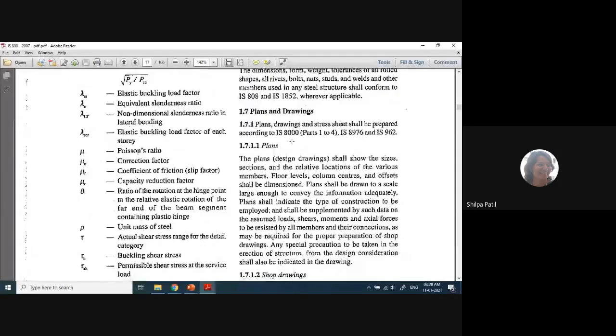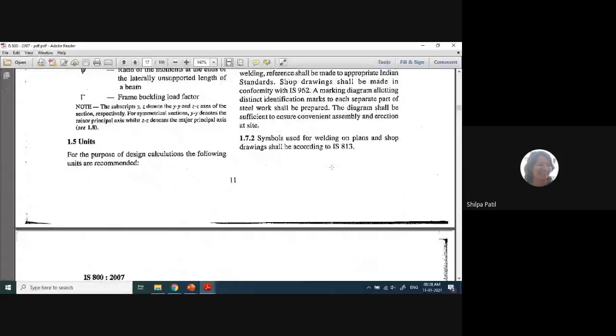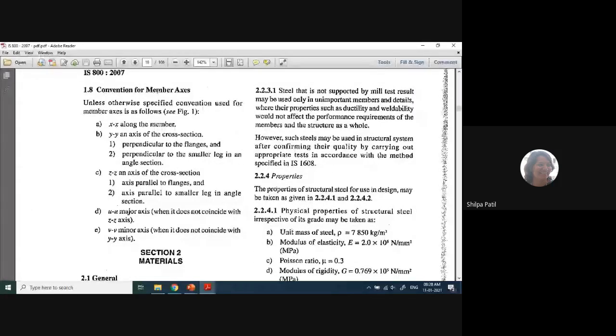Then the various dimensions and corresponding codes are given. So I will quickly go to this. This is again an important point or specification. What are the conventions? Member axis. Which axis we call as XX, which as YY, which as ZZ, which is the major axis, which is the minor axis.